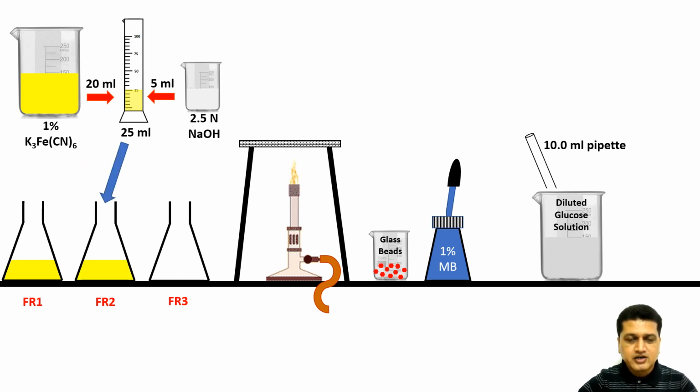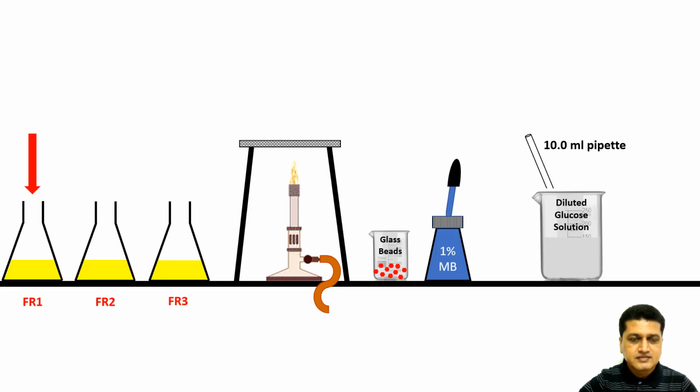Similarly, add another 25 ml of alkaline mixture into flask labeled as FR2. And at last, add 25 ml of alkaline mixture into flask labeled as FR3.